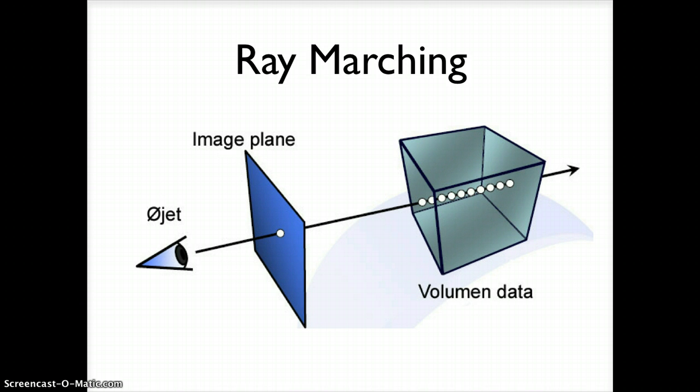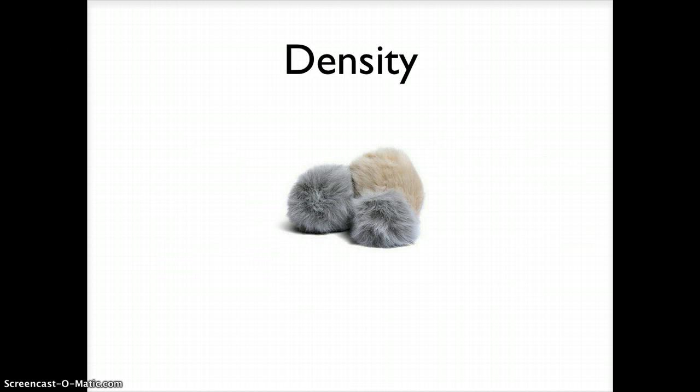I keep talking about density. What do I mean by that? Well, hypertexturing depends on the idea of soft or fuzzy objects. So instead of rendering a pure sphere, or instead of thinking of a sphere as a location and a radius, we're going to think of it as two radiuses.